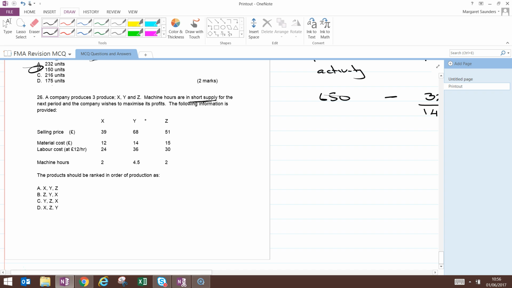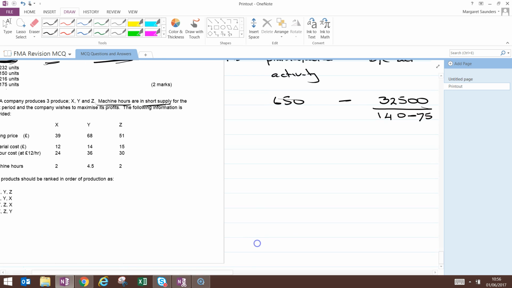So we've been given some information and we're asked in which order we should produce our products. So this is basically, as I said, a limiting factor question. There are a number of steps that you need to go through. Right, we need to identify our limiting factor, and they've told us that in the question. It's machine hours.